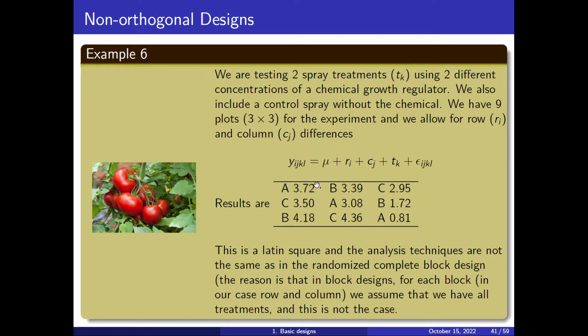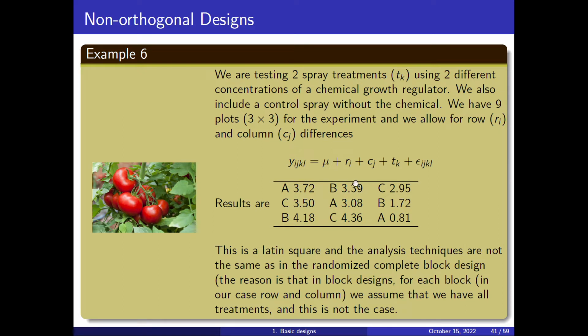So for instance, for this subplot the average is 3.72, and for this subplot the average is 3.39, and so on.